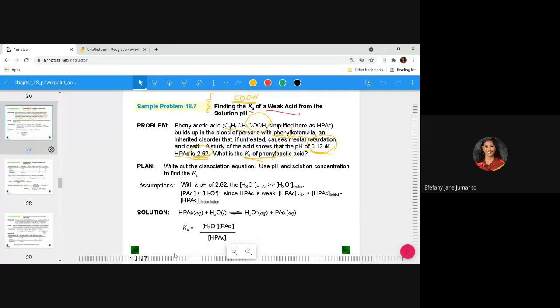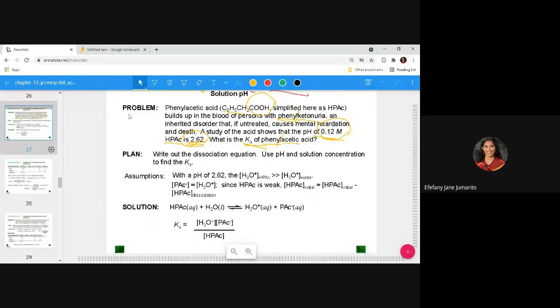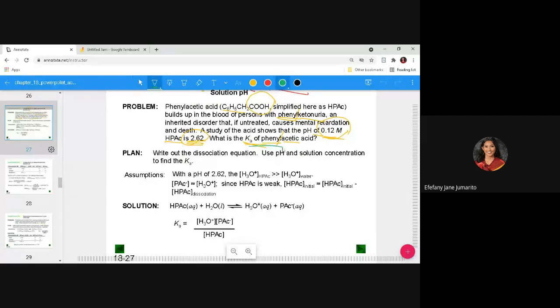All right. Now, in this problem, we are asked for Ka, and we are given the concentration of HA, so that's your acid. If that's the case, you do an ice table.